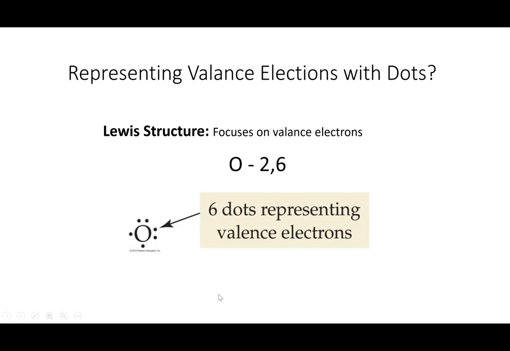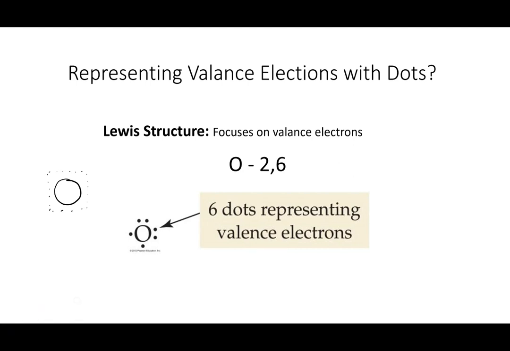To do a Lewis structure, what we're going to do is imagine an imaginary box around our chemical symbol. So we write the chemical symbol for oxygen, and we pretend like there's an imaginary box around that oxygen. On each side of the box, we can put up to 2 valence electrons until we've given all of them a home.